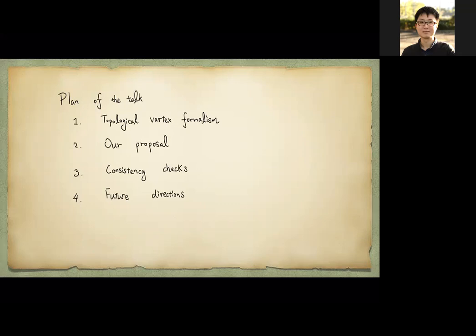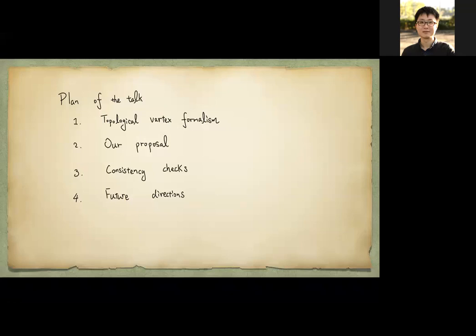Then I will explain the question asked by Kaiwen. We perform consistency checks, and we look into the partition function of SO(4) gauge theory and so on. At the end, we discuss a little bit about future directions of this work or this method.